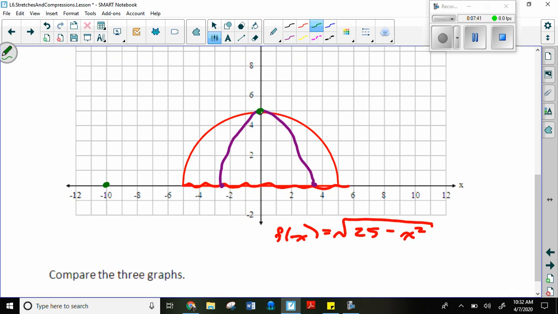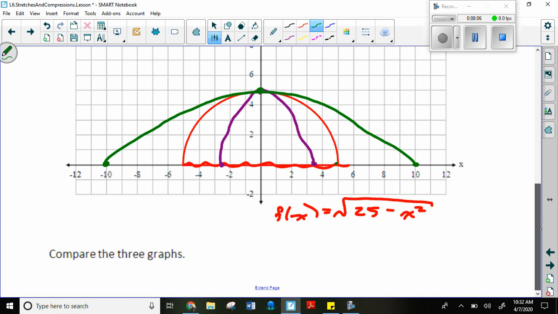So this value is always going to stay at 0, 5. But then this value, which is 5 at 0, multiply x by 2, and it gets us to 10, and it'll stay as 10 and 0. So now the semicircle looks like that. That one went pretty well.